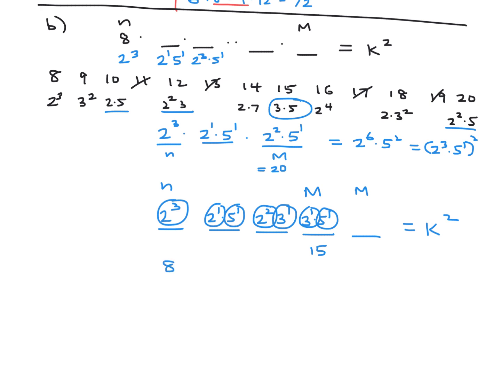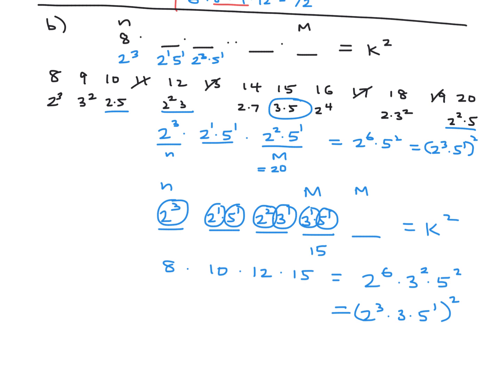So this is basically 8 times 10 times 12 times 15. And that, let's see here, it's 2 to the power of 1, 2, 3, 4, 5, 6, and then 3 to the power of 2, and then 5 to the power of 2. And that's 2 to the power of 3 times 5 all squared.